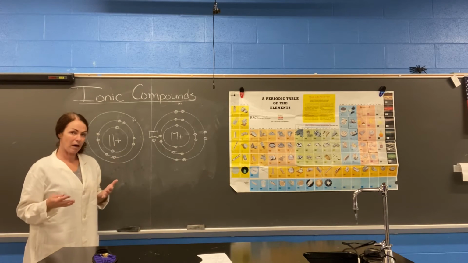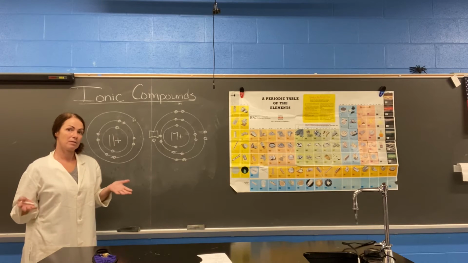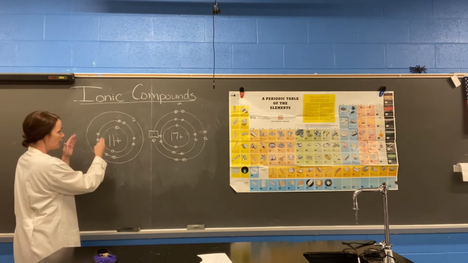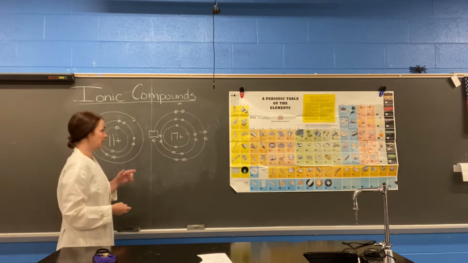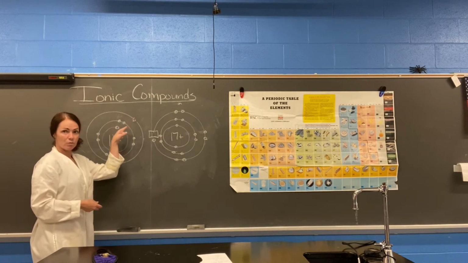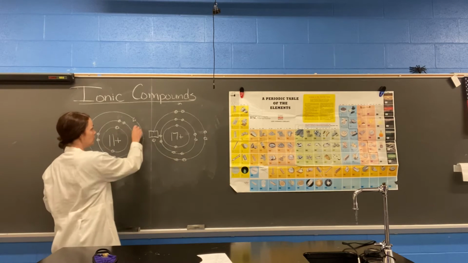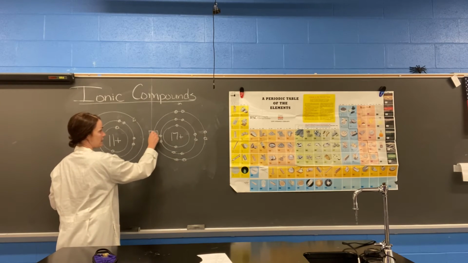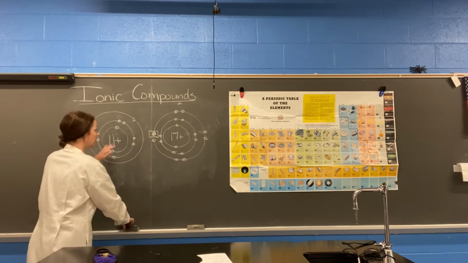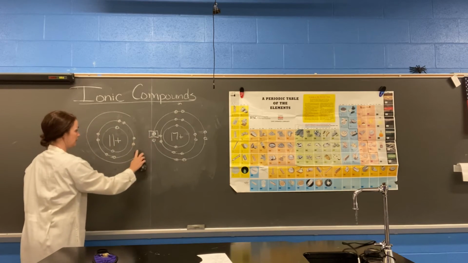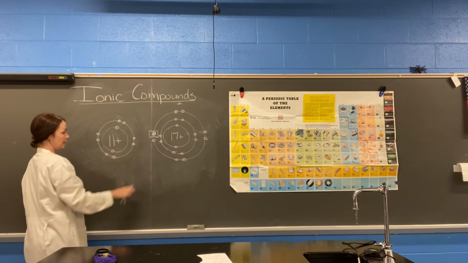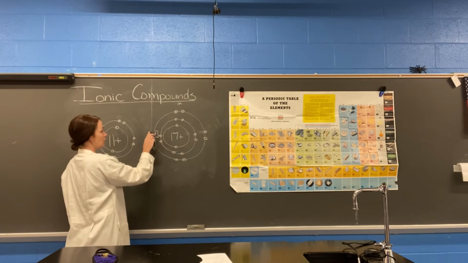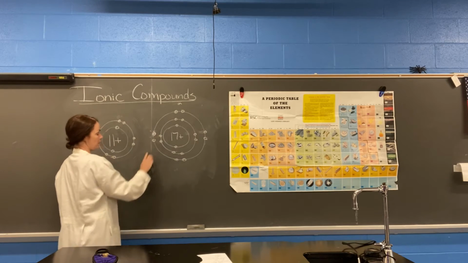So this is how ions form, and it's how ionic bonding occurs. If sodium gets close to chlorine and there's enough energy, this electron will jump from sodium to chlorine and fill in this blank space. That means that sodium loses that outer energy level because there's nothing in it, and chlorine has now a complete outer energy level.